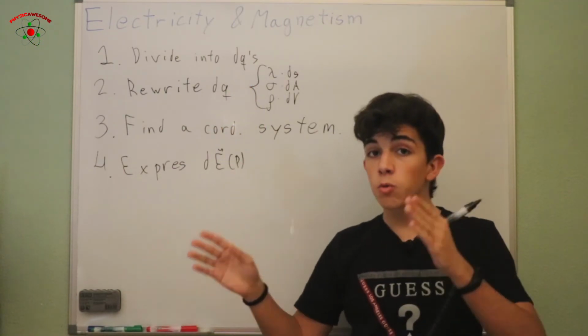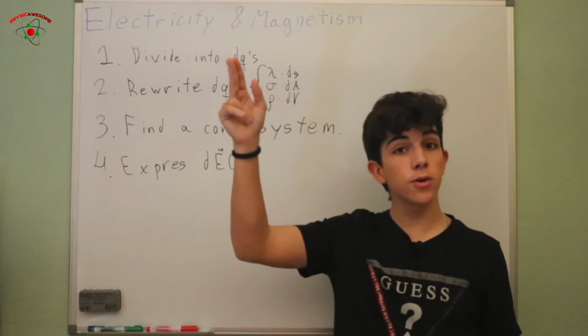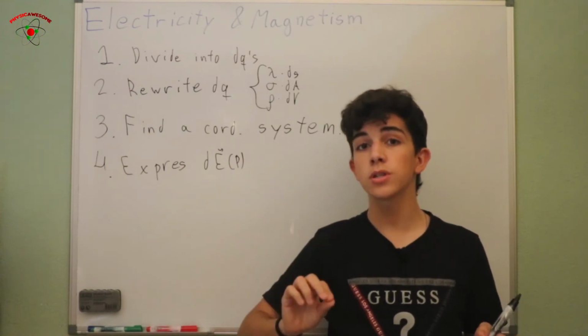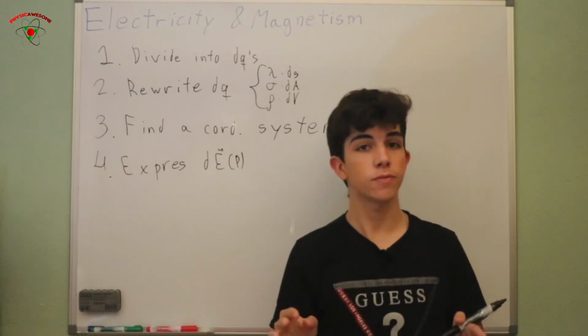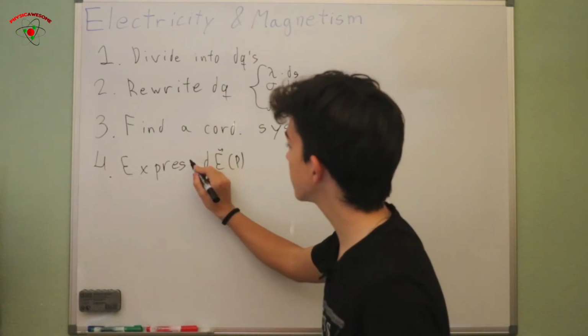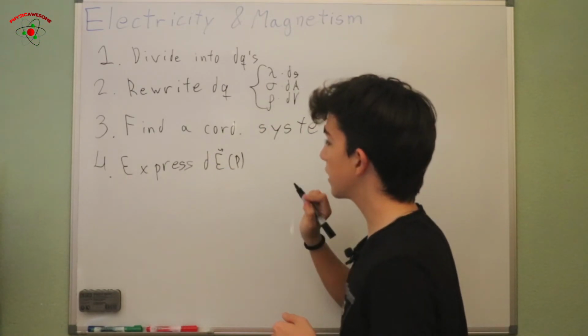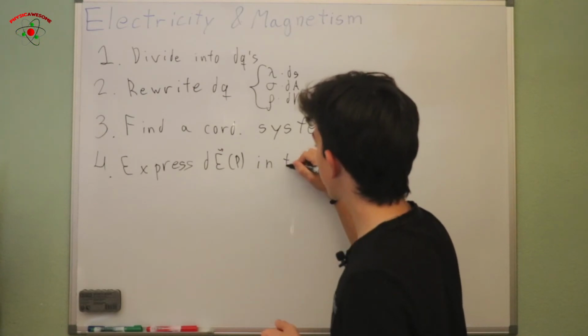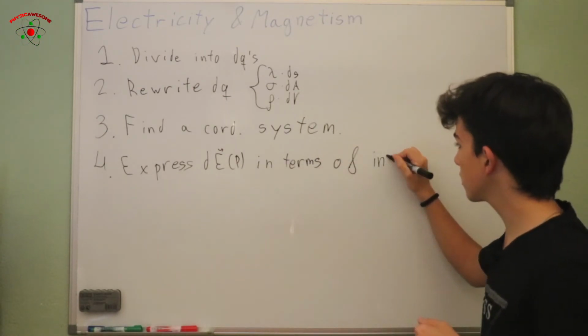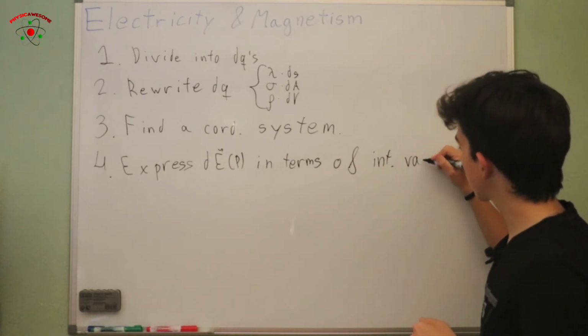R of P was constant and the R of Q was something that was changing. Therefore, it is very important to express everything in terms of those things so that everything works out. So we need to express dE in terms of integral variables.